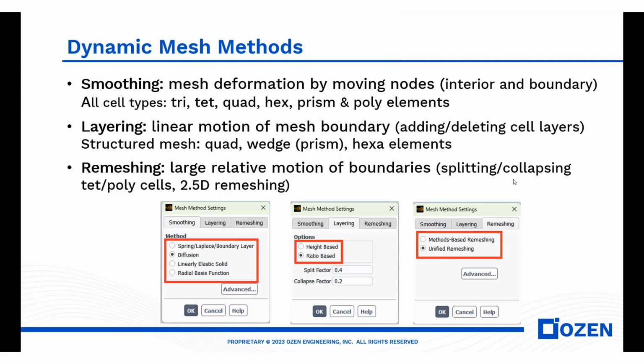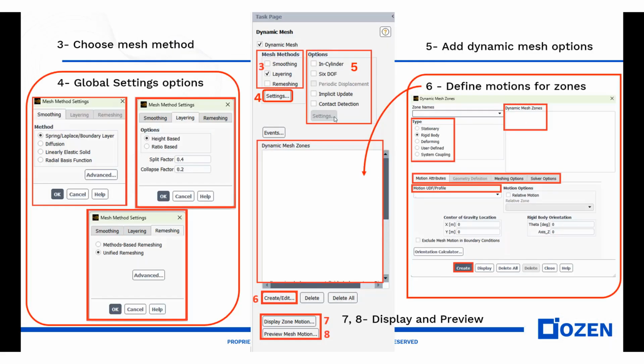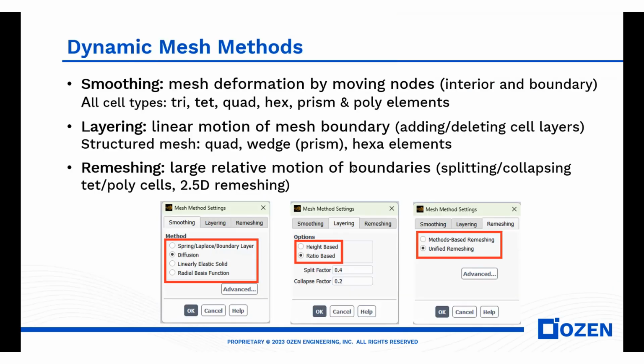For dynamic mesh methods we have three main methods. Smoothing is usually used when we have mesh deforming that comes from moving nodes. It could be something moving inside the domain, or one of the external walls or boundaries moving.